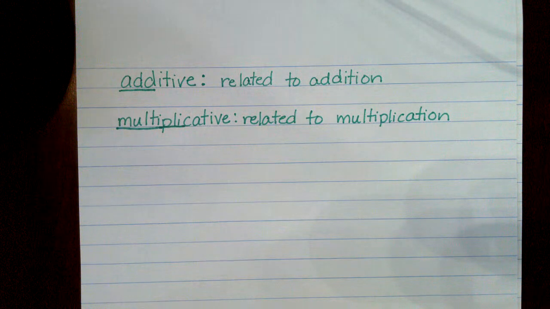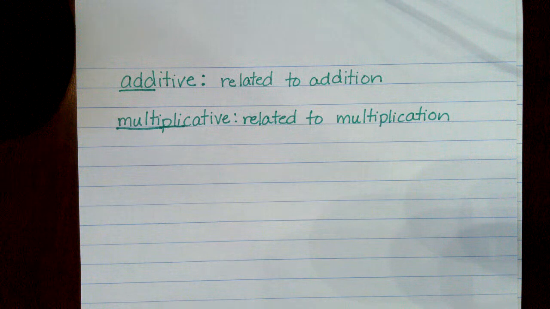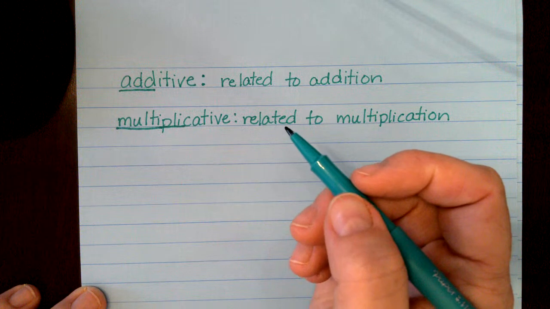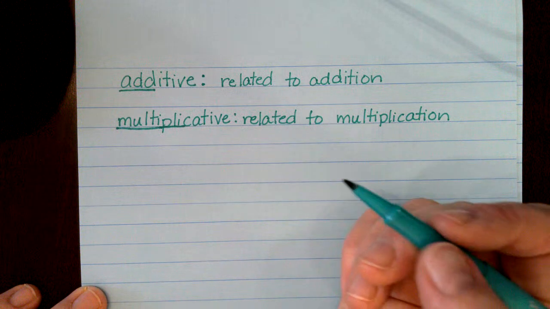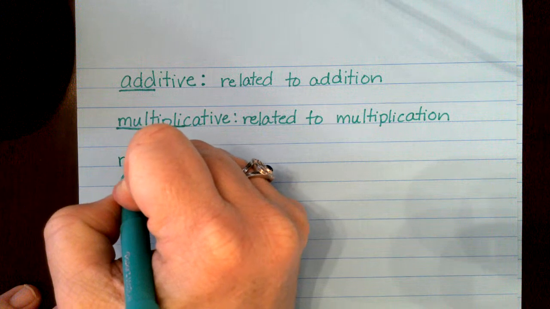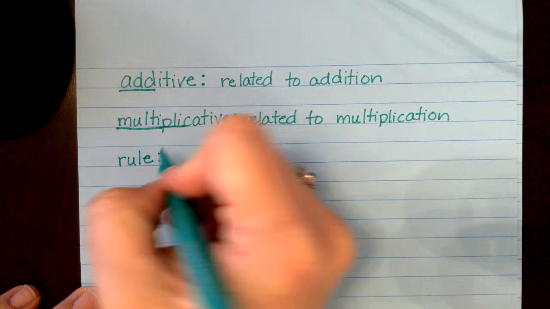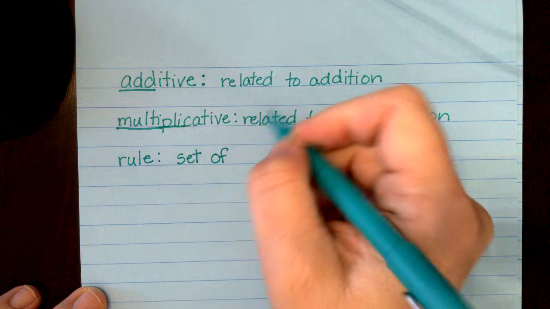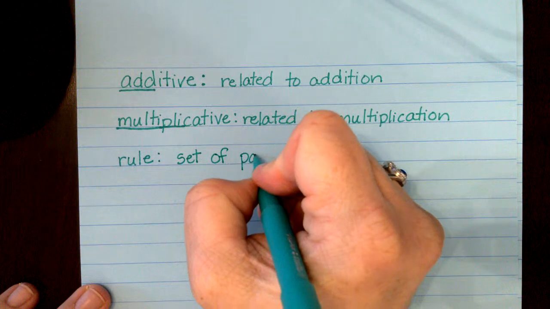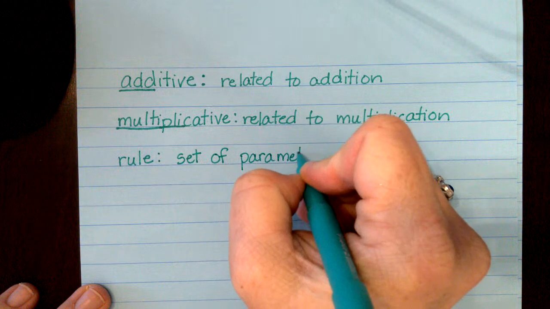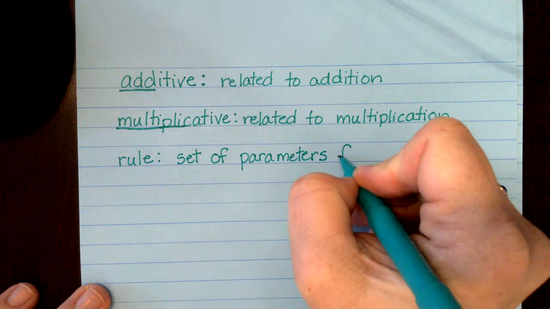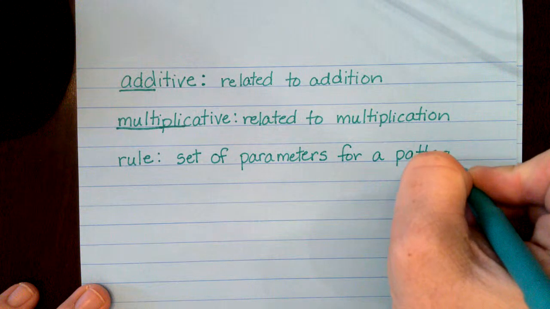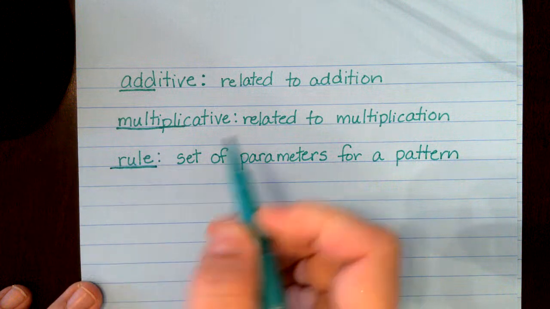It's important to know that a rule is basically a set of parameters for a pattern. It can be applied throughout the pattern.